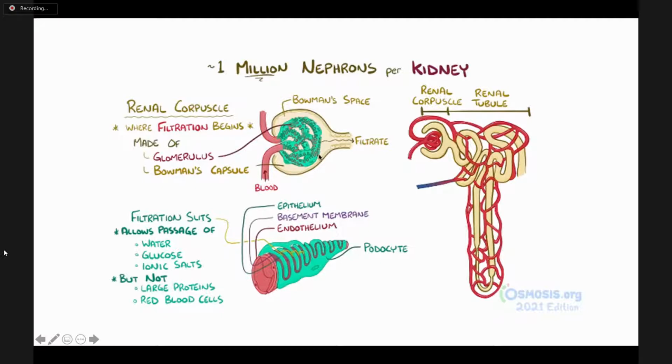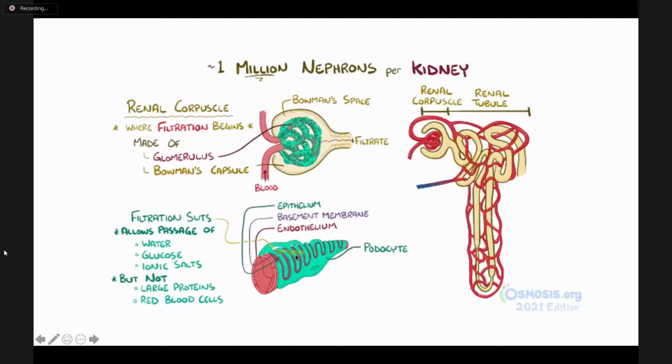Okay, and then if we zoom into the capillary of the glomerulus, you can see that the important structures are, first, the endothelium here, and then followed by the basement membrane. On the outer part of the capillary, we have the epithelium, which is interdigitating among each other. So it is like an octopus.